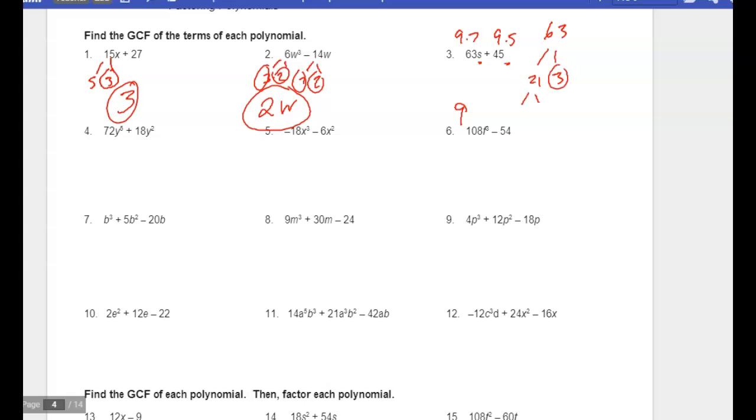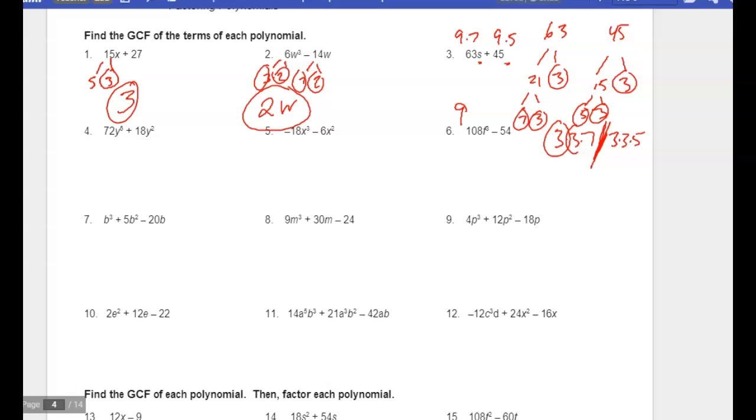And then 21 breaks down into 7 and 3. There's my prime factorization for 63: 3 times 3 times 7. I'll take my 45 and break it down. 15 and 3. 5 and 3. So my other prime factorization is 3, 3, and 5.